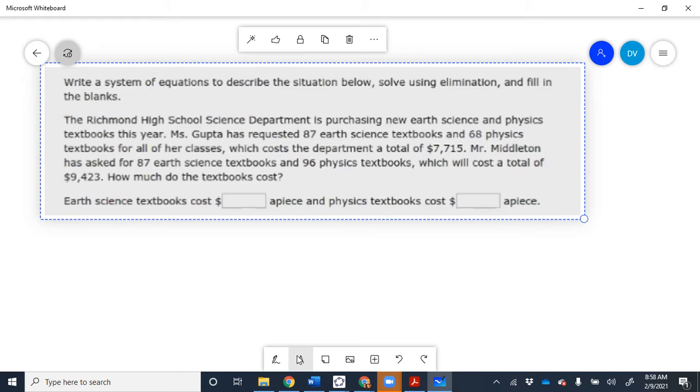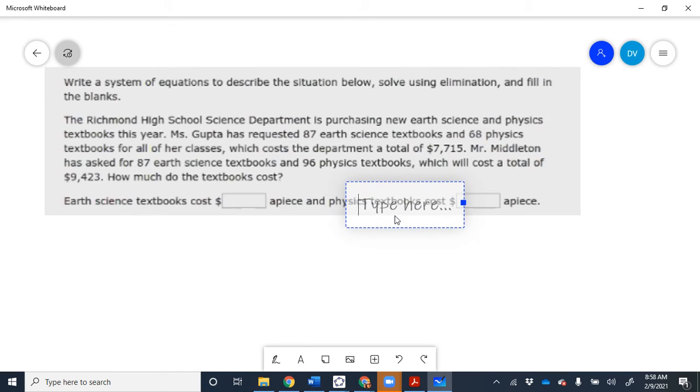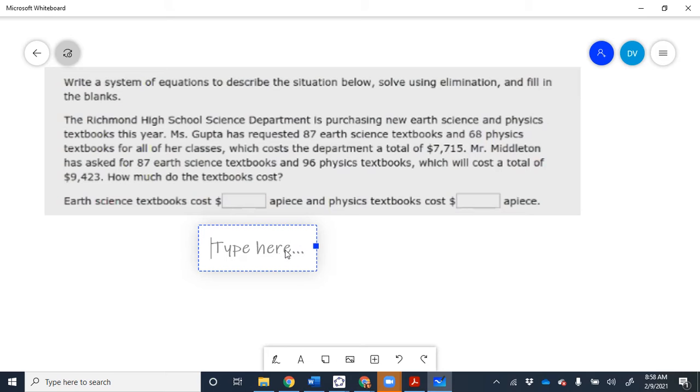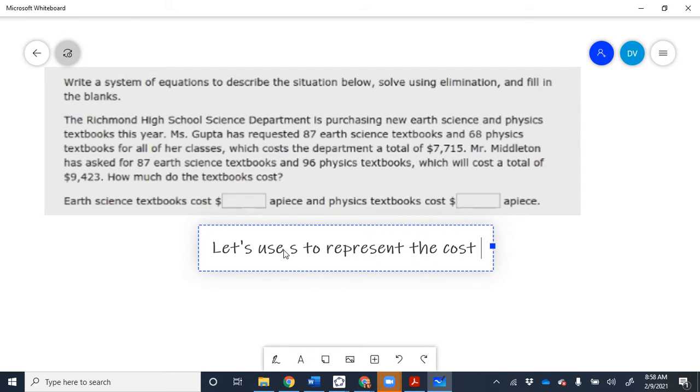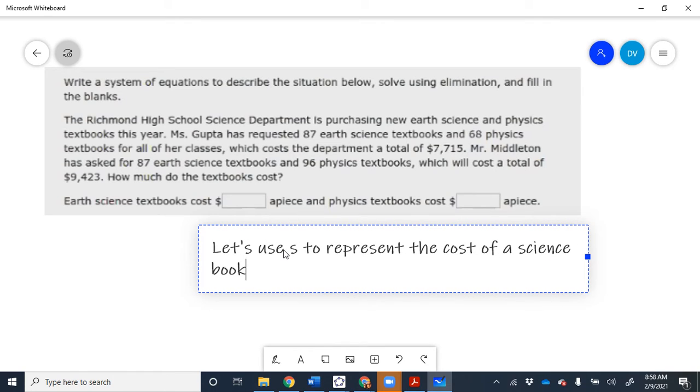So let's make a note here and let's use two different letters, variables. What letter do you think we might want to use for the cost of a science book? Yeah, that's a good idea. Let's use S to represent the cost of a science book.